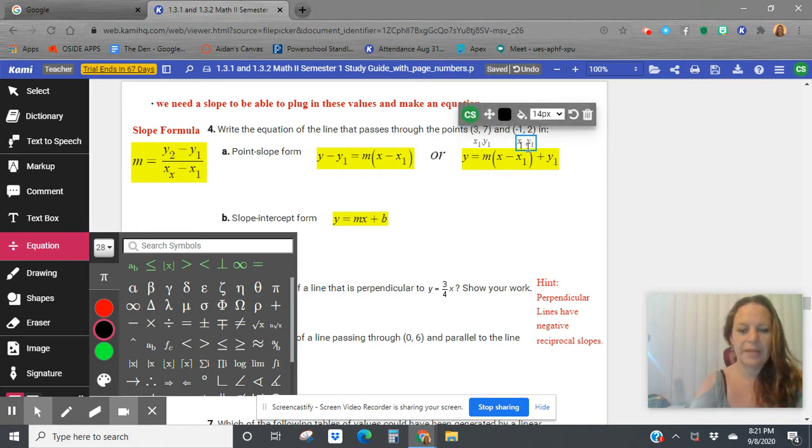And then this other one is x sub 2, y sub 2.